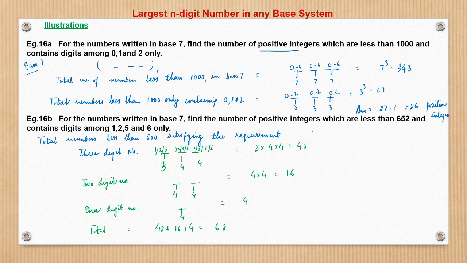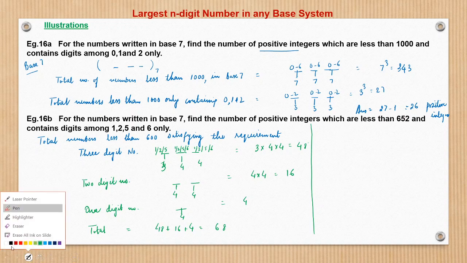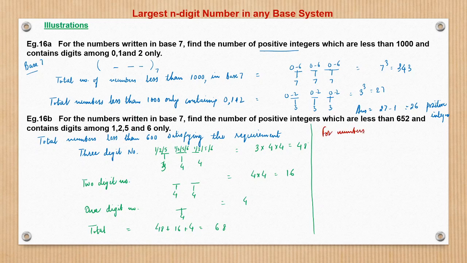Now we will separately take the cases for numbers more than 600 and less than 652.